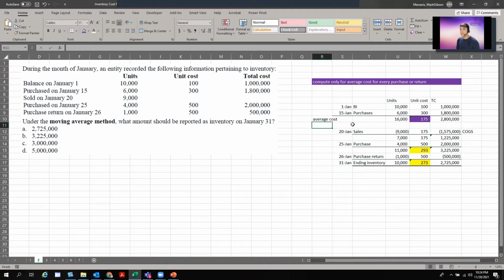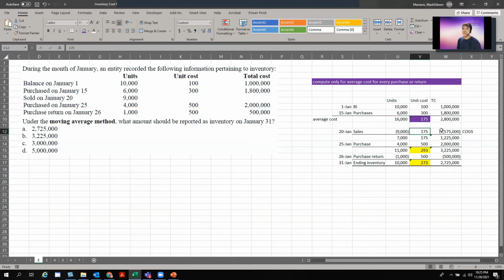Okay. So again, next we have sales naman. So on January 20, nakabenta daw tayo ng 9,000 units. Kung meron tayong benta na 9,000 units, magkano yung cost na gagamitin natin? Of course, we simply use the average cost that we just computed earlier on. So that's 175.